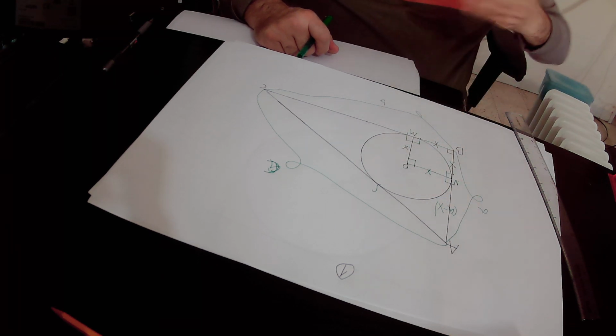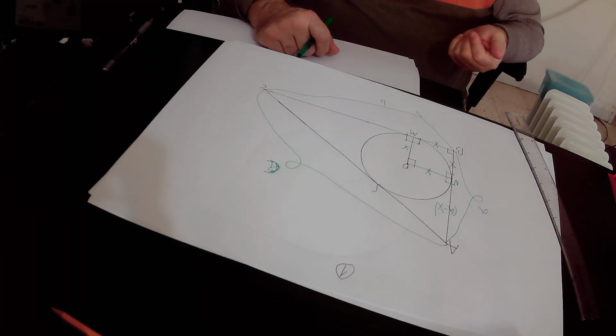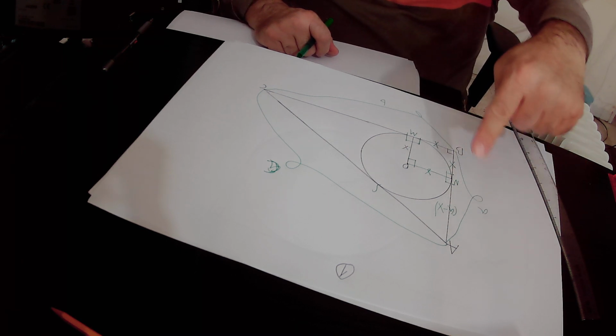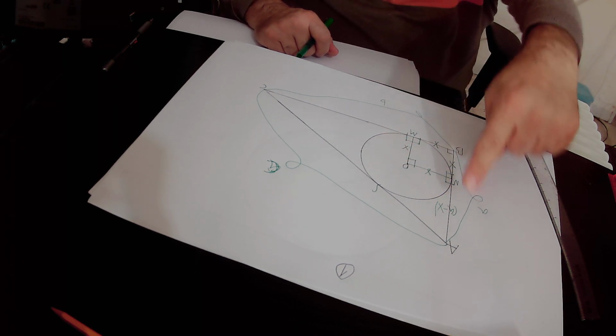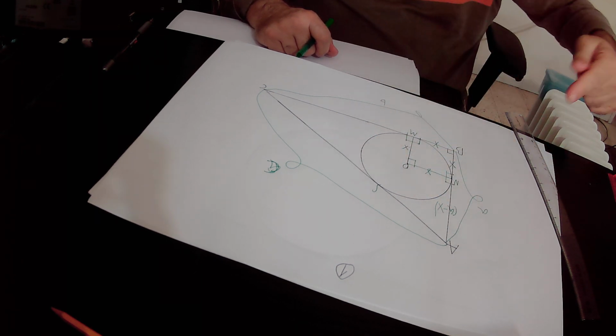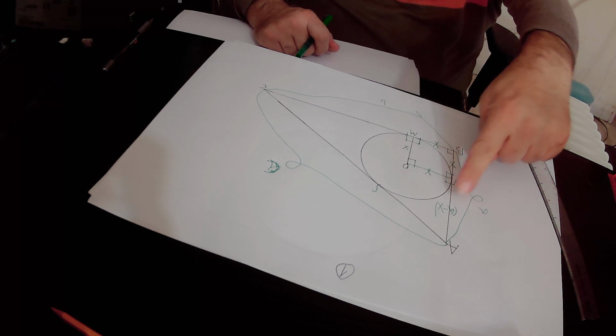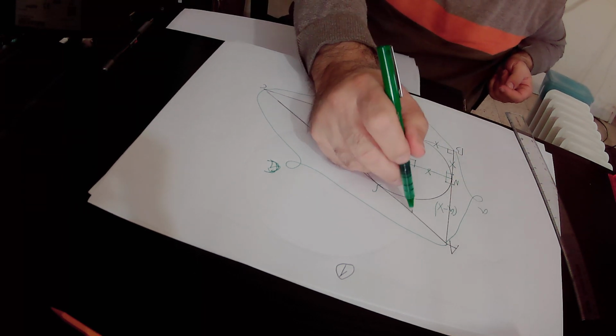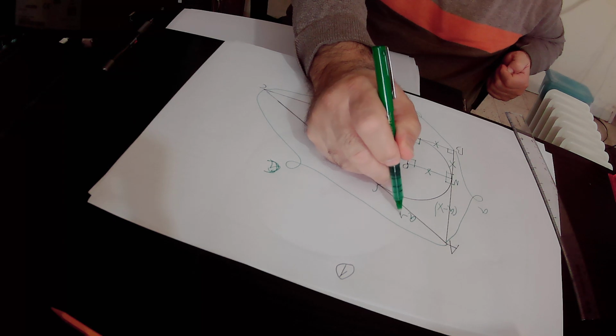According to rule number 2, they must be equal to each other. That is to say, AN equals AS. But AN is a minus x, therefore AS must also be equal to a minus x.